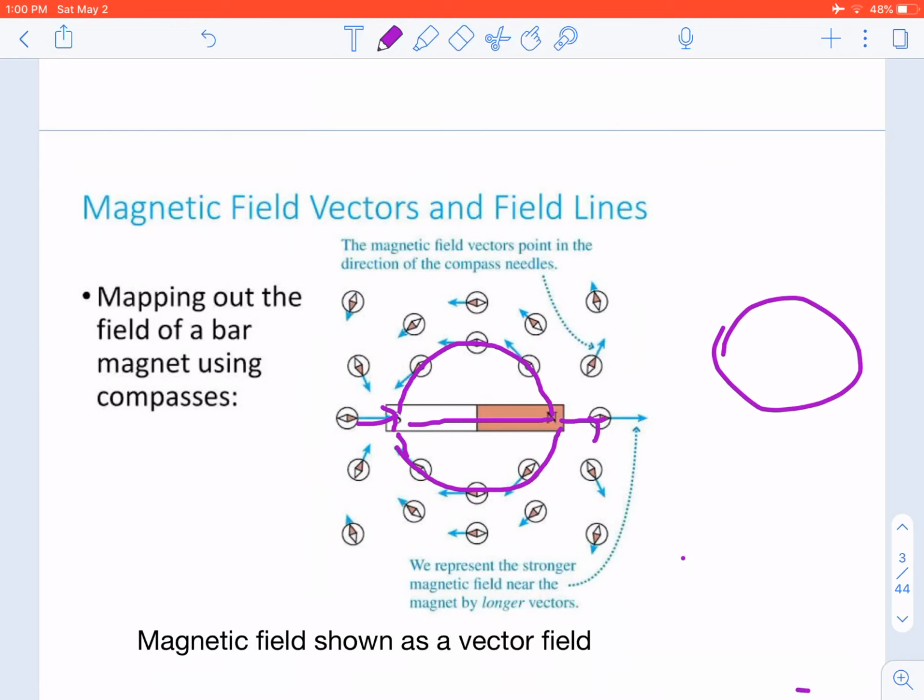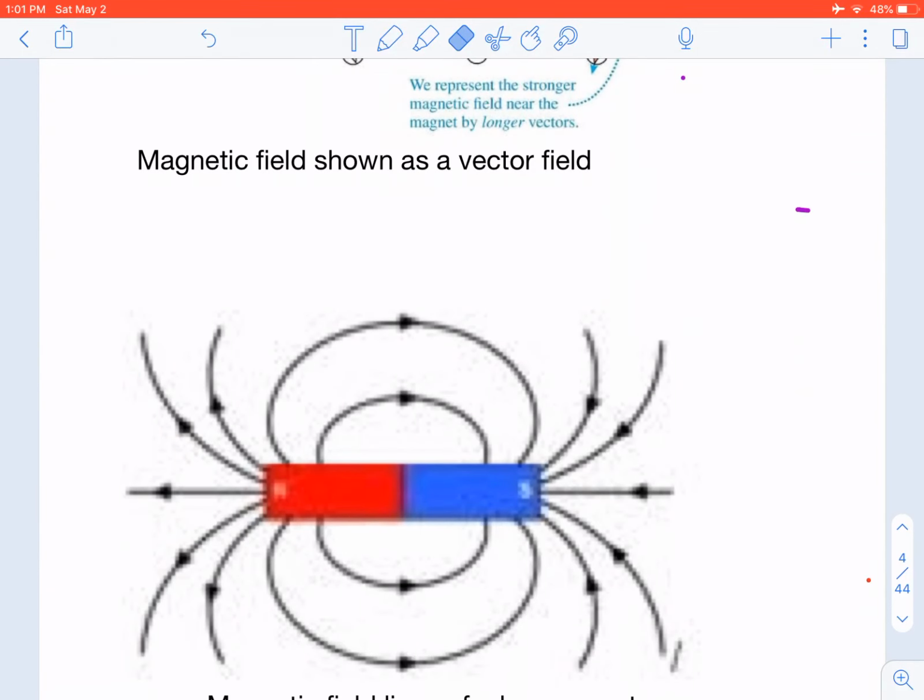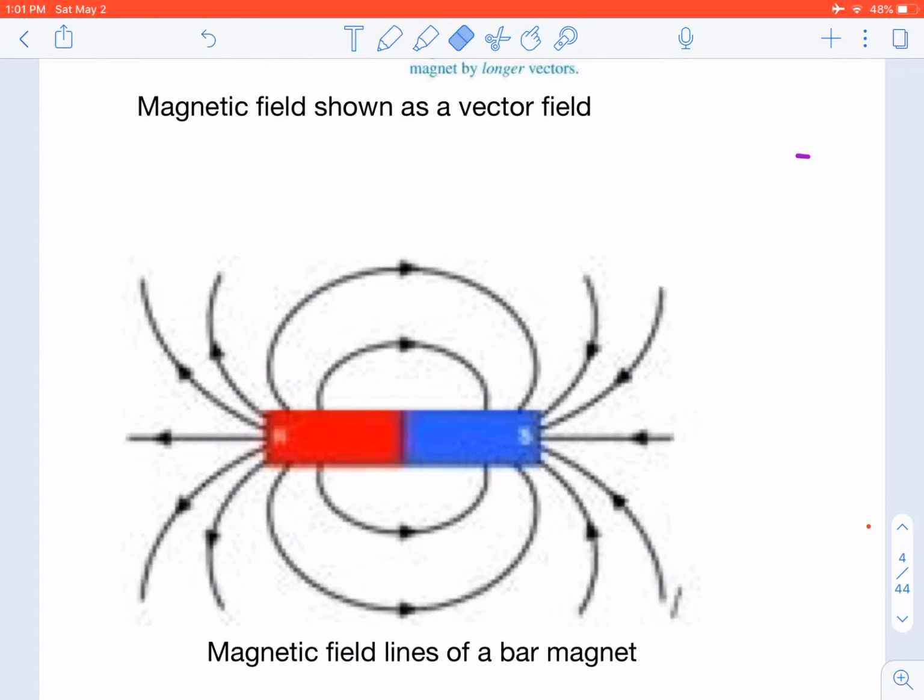Your magnet then aligns itself so that its south pole is where the north pole is, and the north pole is seeking the south pole. That gives you a vector diagram, which we could have used, but we prefer to use magnetic field lines, and that's how we represent it.